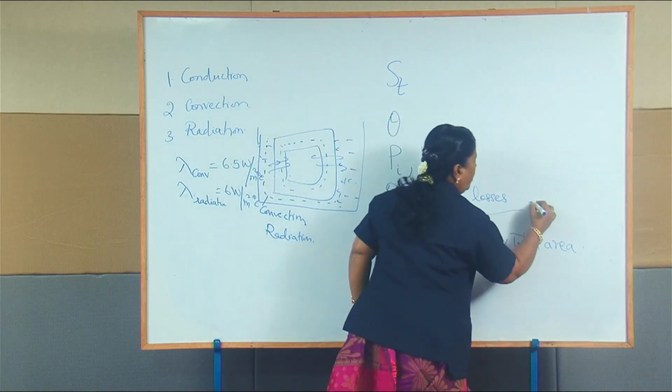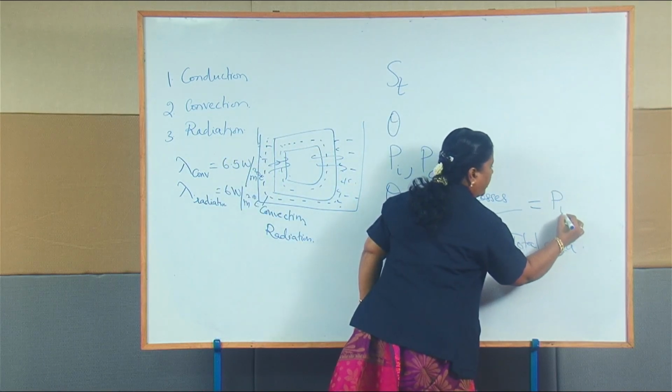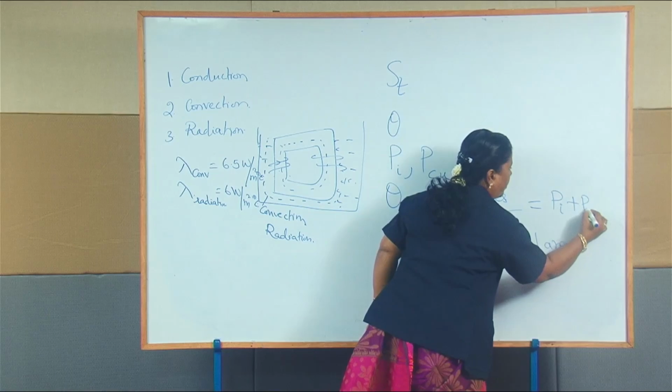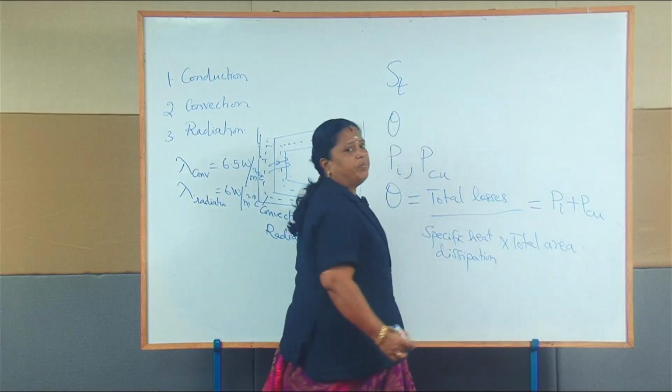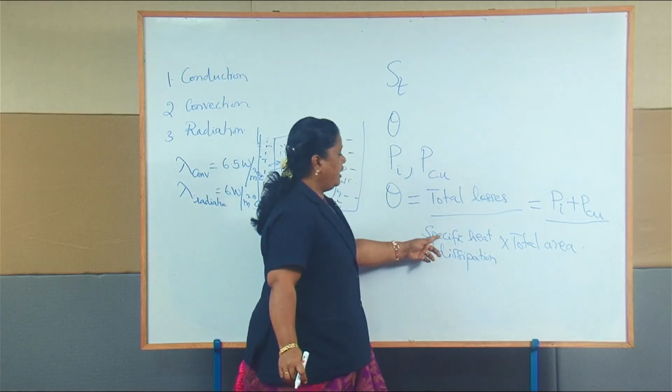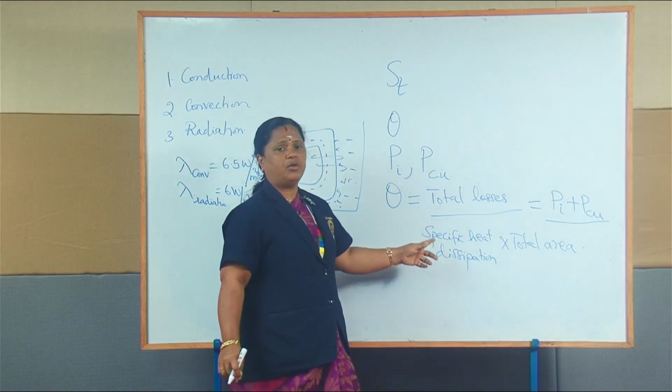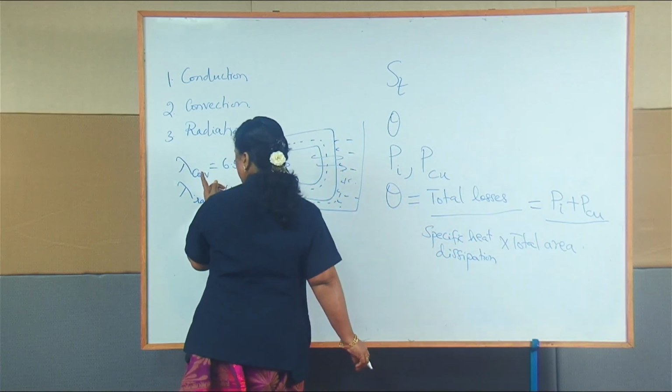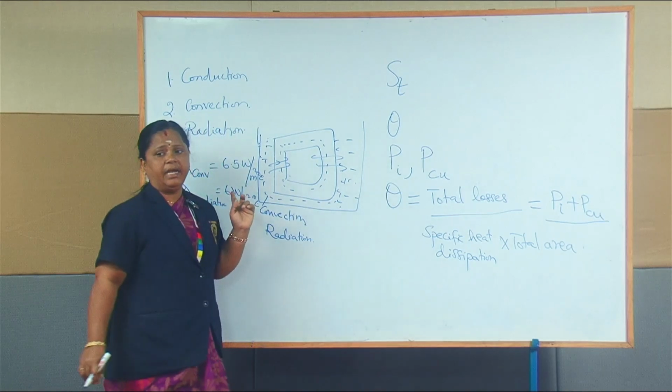So total loss is nothing but iron loss plus copper loss, Pi plus Pcu, divided by specific heat dissipation. As I told you, the specific heat dissipation is due to convection and radiation.